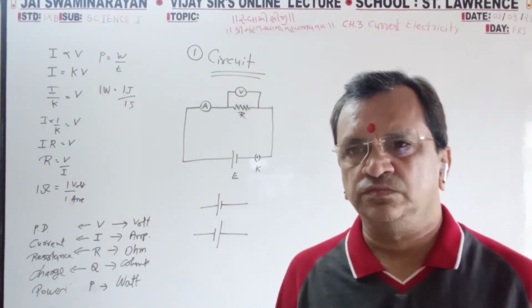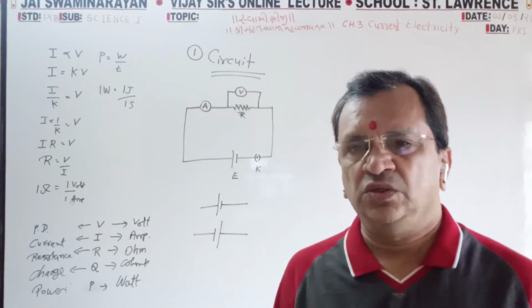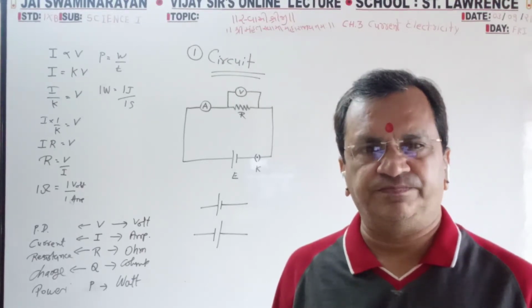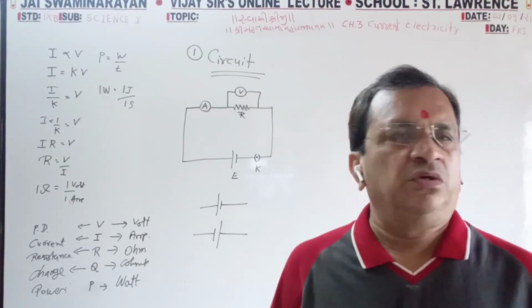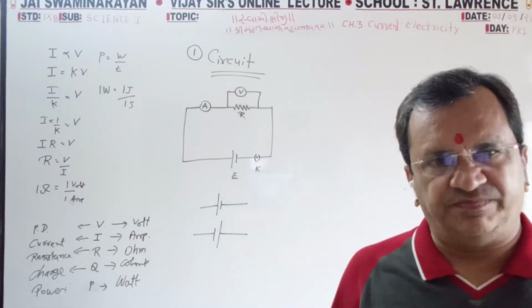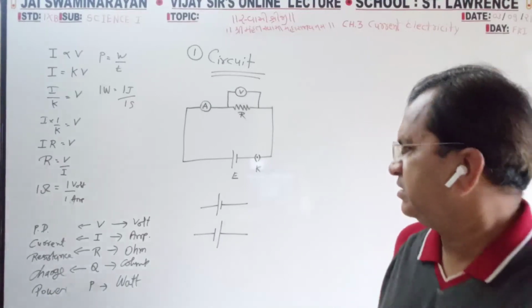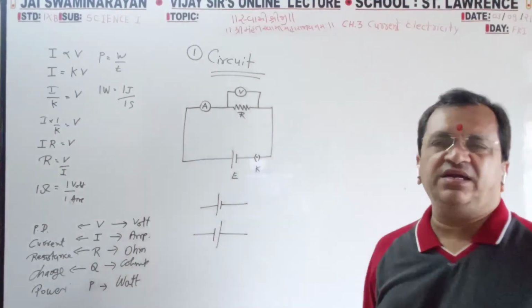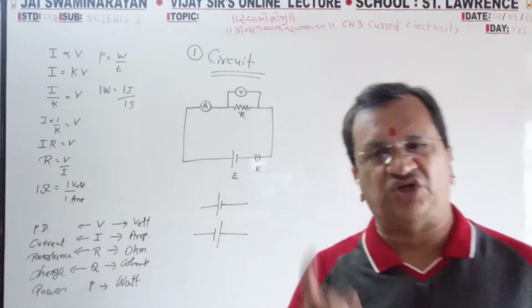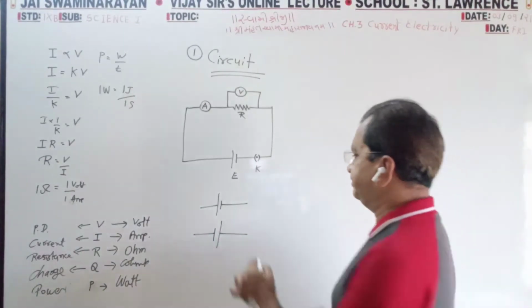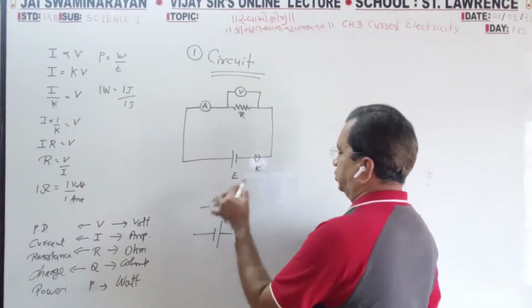No, E stands for energy. For battery we are writing E. Why? Because it is an energy supply. Battery we will always show like this: long line, short line. Long line means positive, short line means negative.